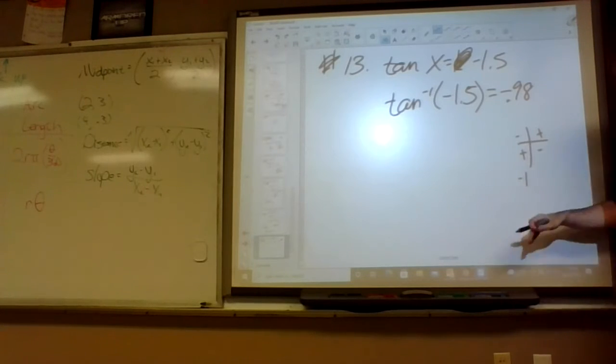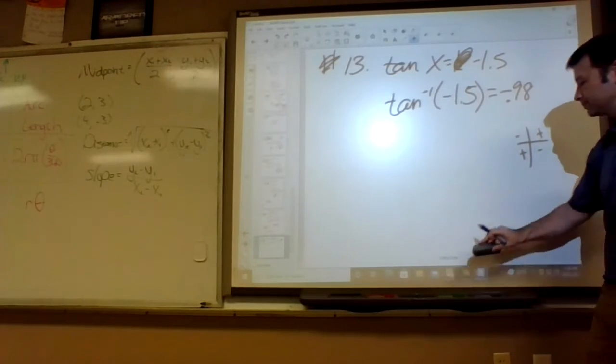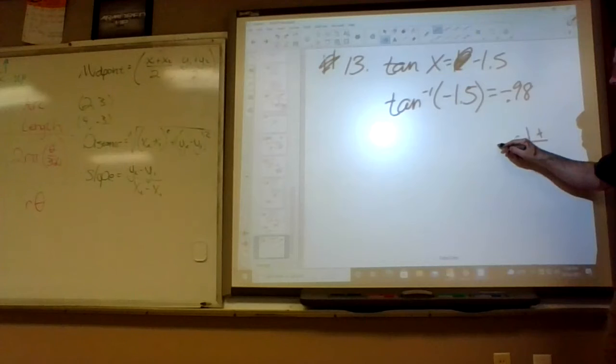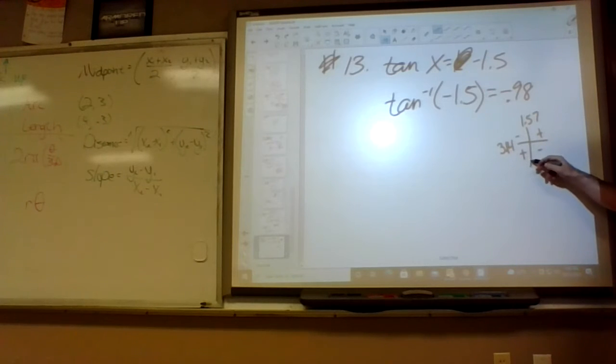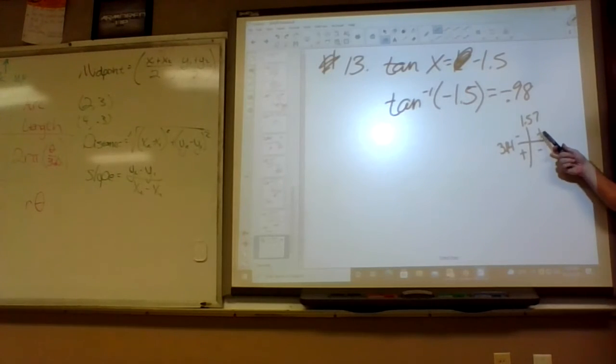In radians, remember this is pi radians, or like 3.14. This would be like 1.57, so this would be like negative 1.57. The problem is, this is a negative 0.98, and we want something bigger.